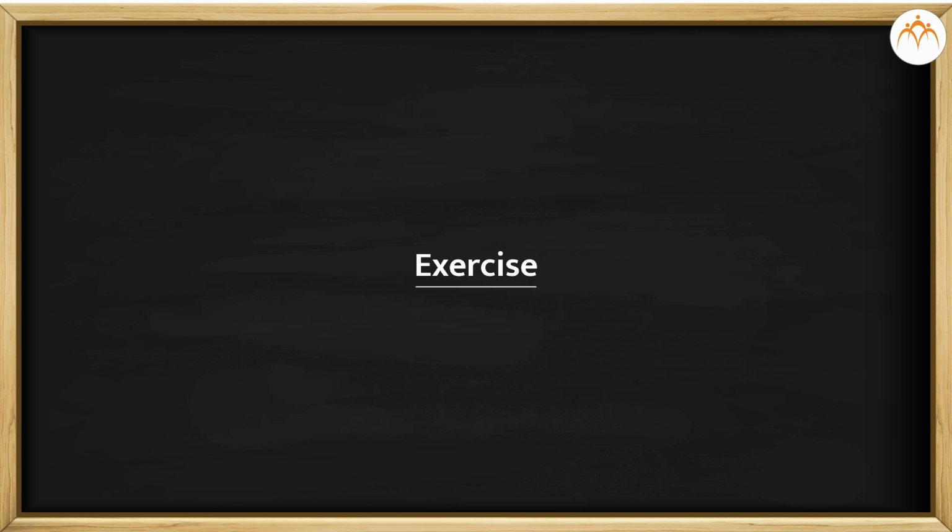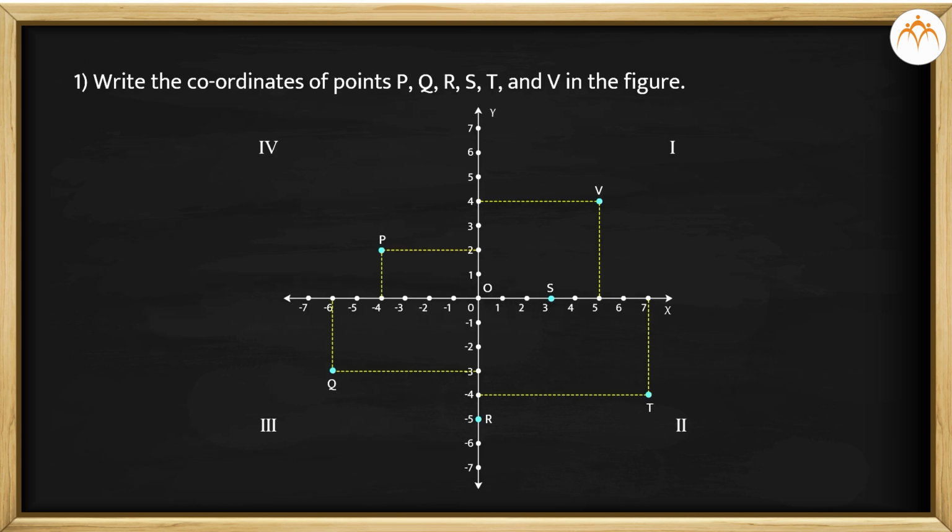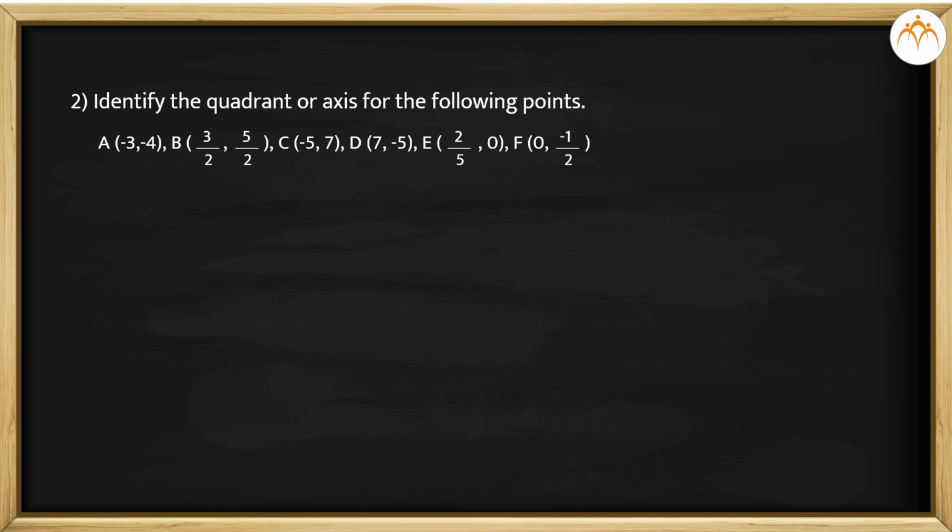Exercise. Write the coordinates of points P, Q, R, S, T and V in the figure. Identify the quadrant or axis for the following points: A (-3, -4), B (3/2, 5/2), C (-5, 7), D (7, -5), E (2/5, 0), F (0, -1/2).